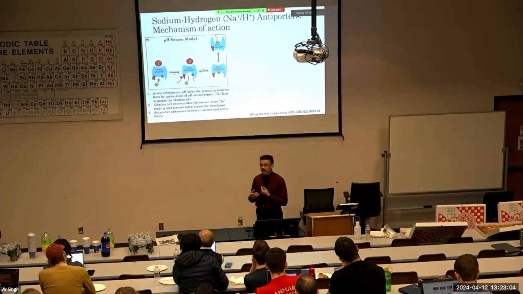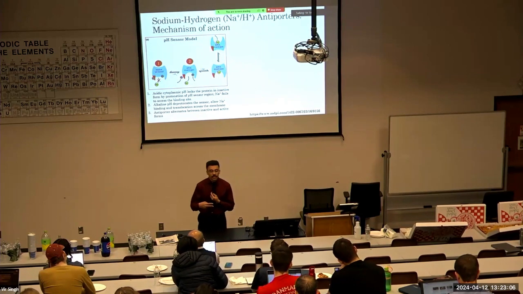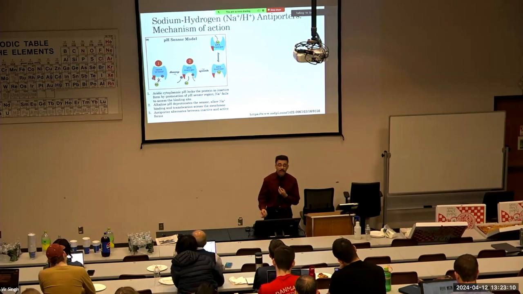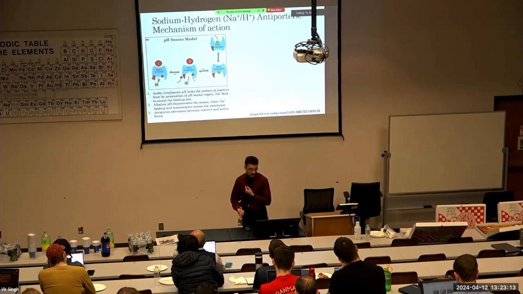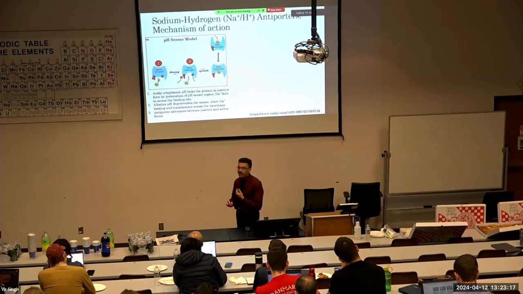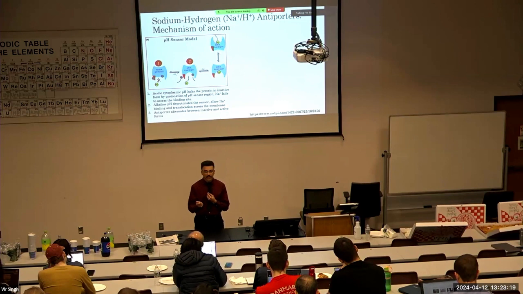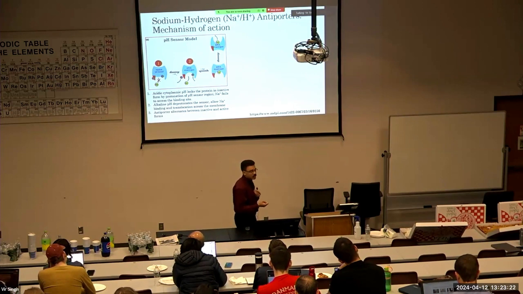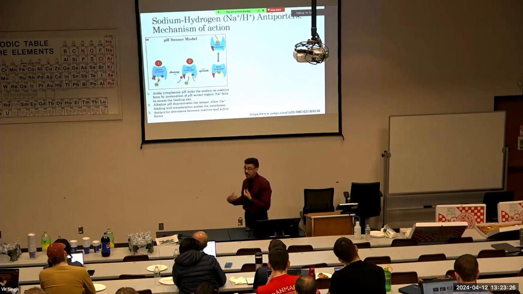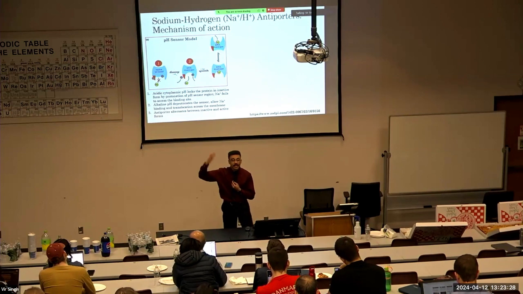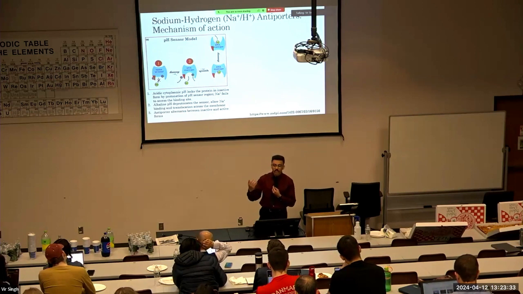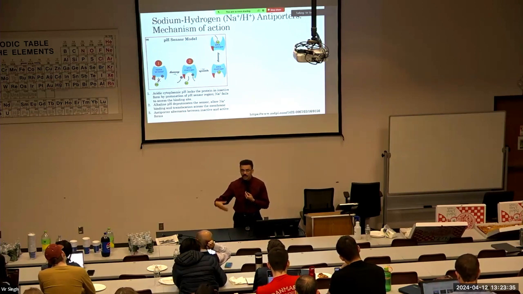Just going over how these antiporters actually work, there are currently two proposed mechanisms. One is a pH sensor model in which at lower or acidic pHs, the abundance of hydrogen ions will cause them to bind to a specific center on the antiporter and cause it to be inactive. It's not capable of binding to sodium and transporting it in and out of the cell. As that pH rises, the affinity for the hydrogen proton to bind to the center drops, and now sodium can bind and be transported.